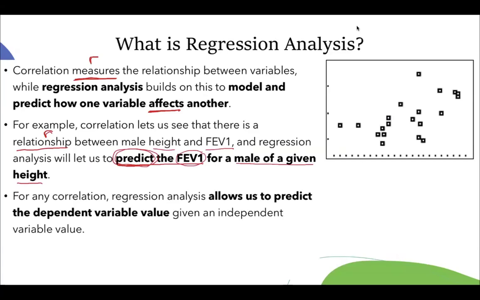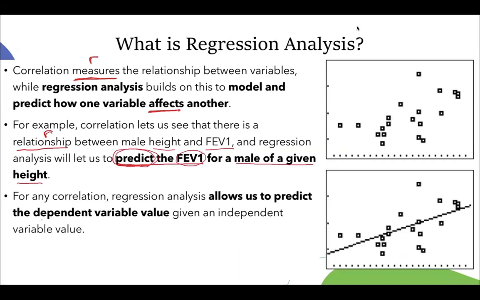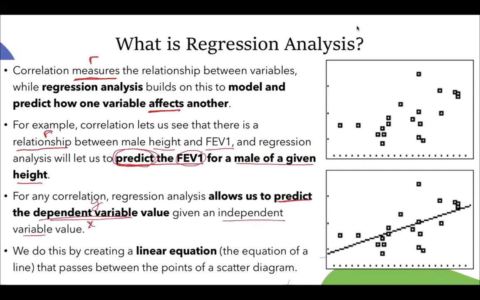So for any correlation, regression analysis allows us to predict the dependent variable given an independent variable. In other words, we are going to predict y given the independent variable, which is x. Predict y given x. And we're going to do this by creating a linear equation.